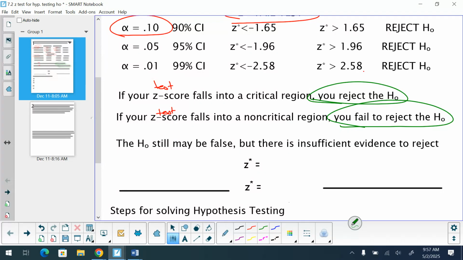Or we fail to reject this null hypothesis of the population mean being a specific value. That will be your final statement, rather than I'm 95% confident something's happening. You're going to write a statement, I can reject the null hypothesis, or I fail to reject the null hypothesis.